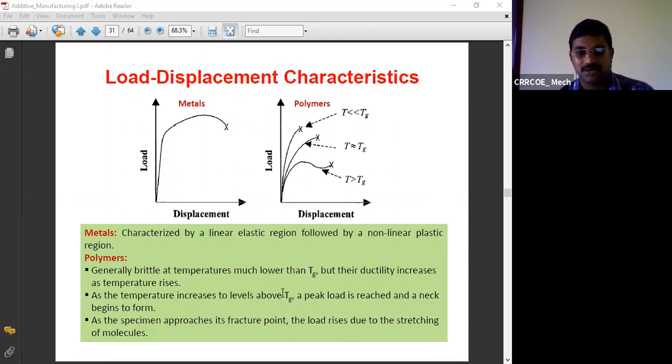They have taken it as the reference point. As the specimen approaches the fracture point, the load rises due to the stretching of molecules. So definitely the material is going to be deformed. Otherwise, our component will not be produced according to our requirement.